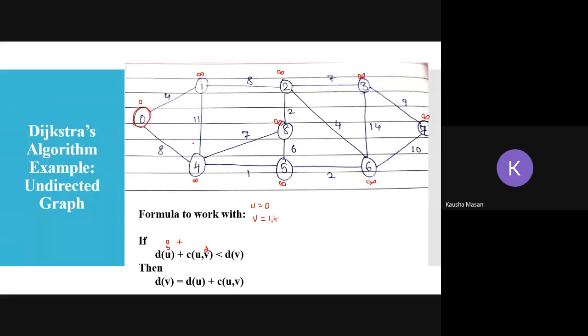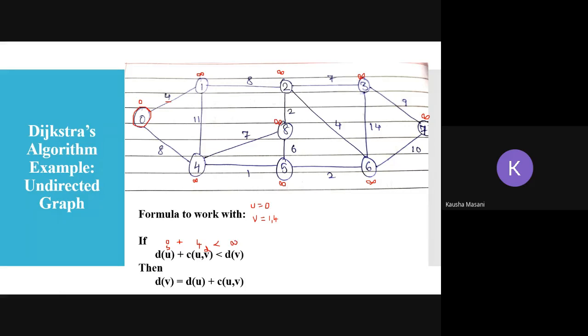Go and find the distance at 1, because the distance of 1 is infinity and of 4 is infinity. Infinity means we don't know yet; it can be any number. So 0 plus, now C of uv is what? The edge weight between 0 and 1 is 4. So 0 plus 4 is 4, which is less than the current distance of 1, that is v, infinity.